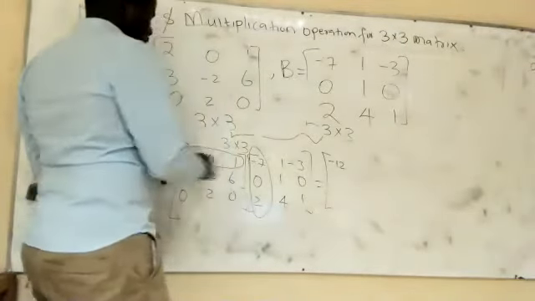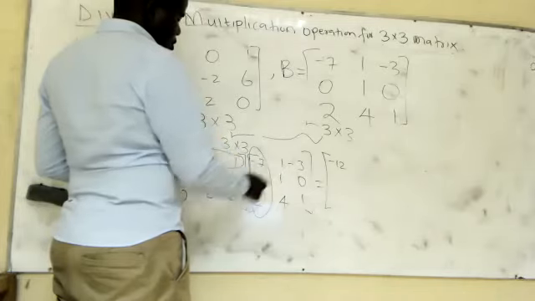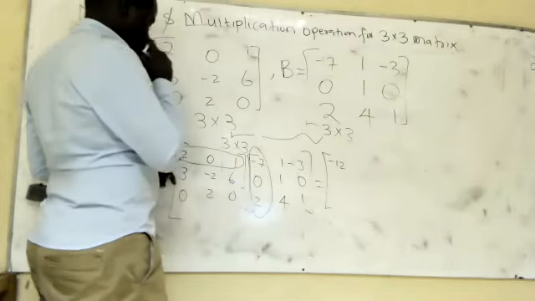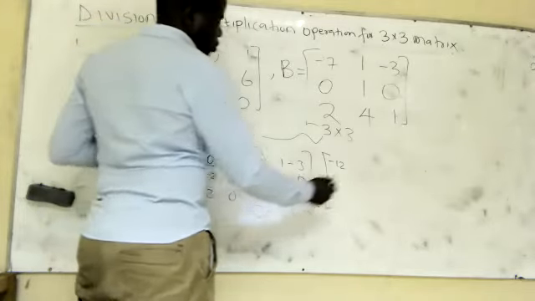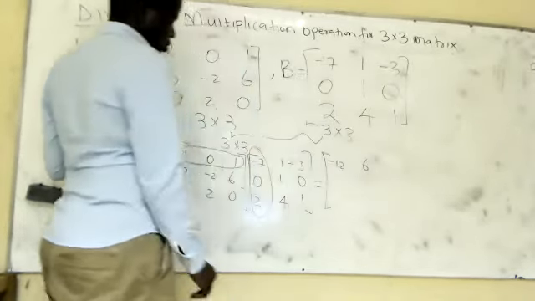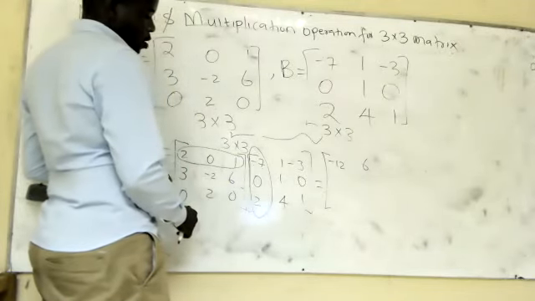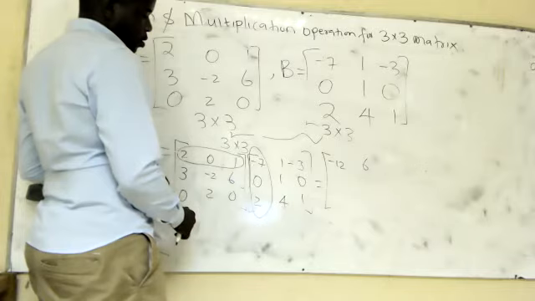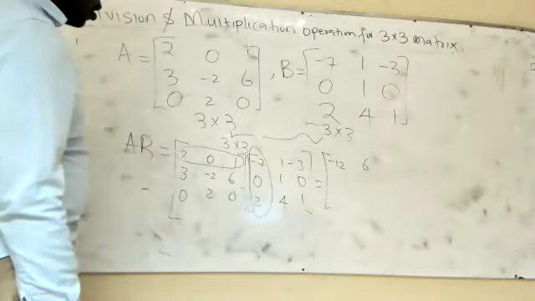Yeah, and then multiply this with that. So it's going to be 2 multiplied, then it's second row with column 2. So it's going to be 2. 1 and a 3 is a 3. So it's 2. Then 1 and minus 2 is minus 2. Then 4 and the 6 is 24.